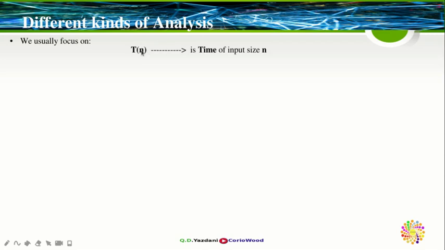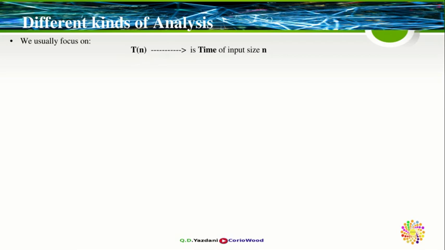And normally you see this as T of n. So T is the time, and n is input size. This is very, very basic in algorithms. T stands for the time, and n stands for input. So T of n is time of input size n.